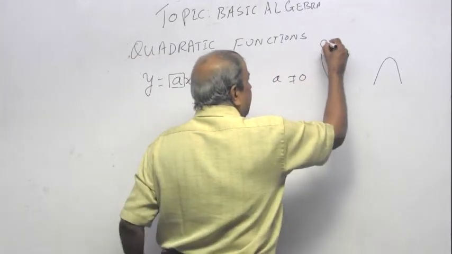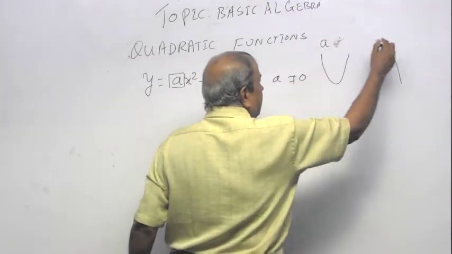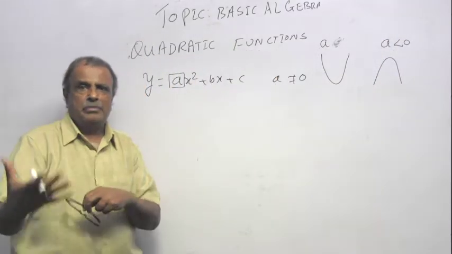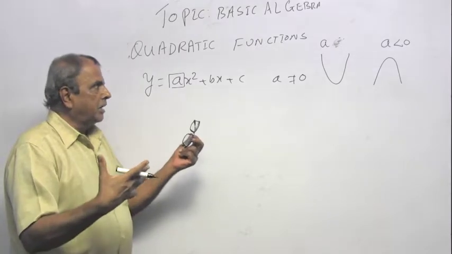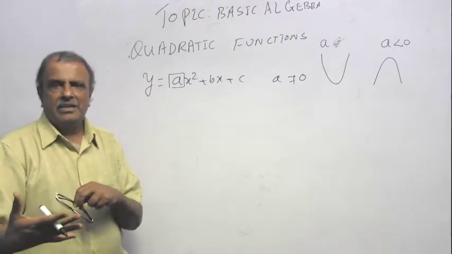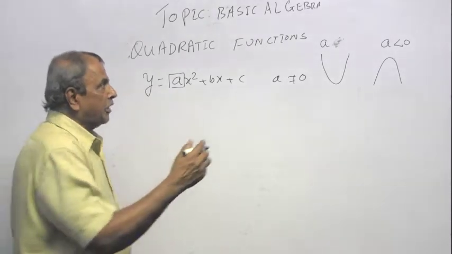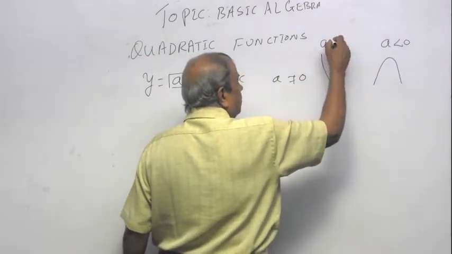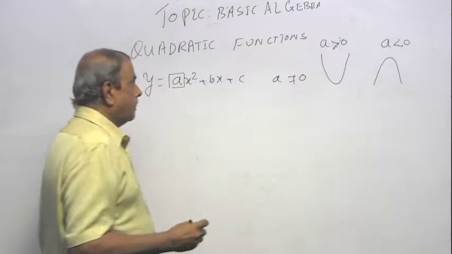If it is negative, then it is an inverted cup. I prefer using cup and cap, though some people prefer using U and N. So if a is negative, it's a cap. If a is positive, it's a cup.